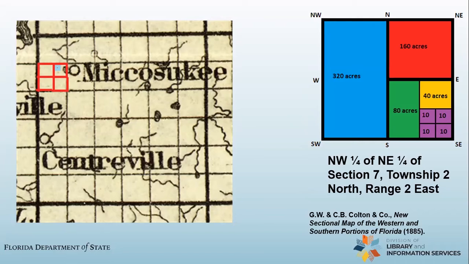Does anybody have any questions about the process of going from a legal description on a deed or a land patent and actually figuring out where that's located in the public land survey system? I'm going to show you another system for locating that here in just a minute, but I wanted to at least show you logically how that works. I'm not seeing any questions pop up, so I'm going to go ahead and go to the next piece.